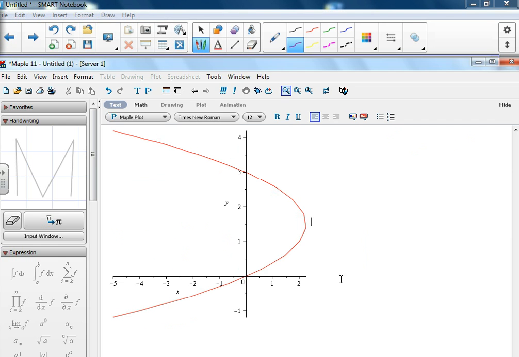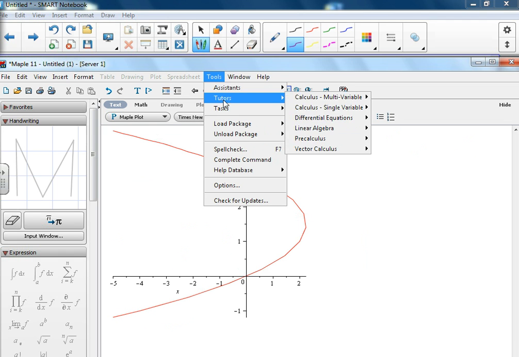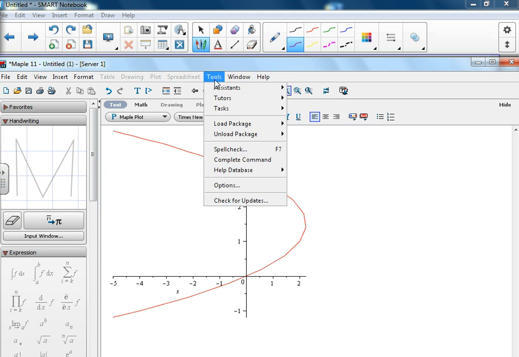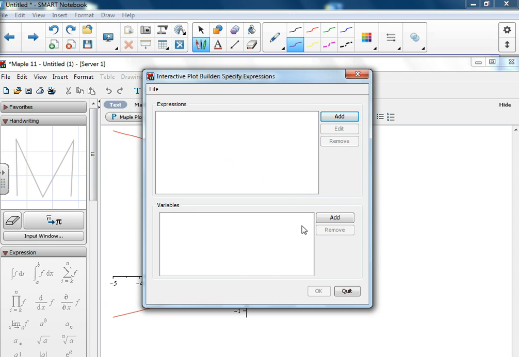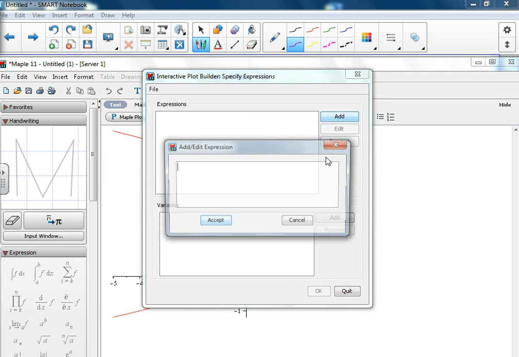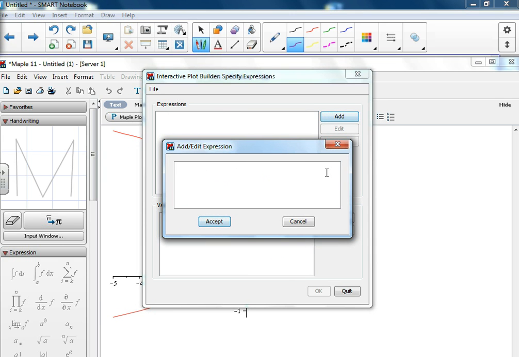Okay, so back to Maple. So I'm looking at y equals x times (x minus 2) squared.